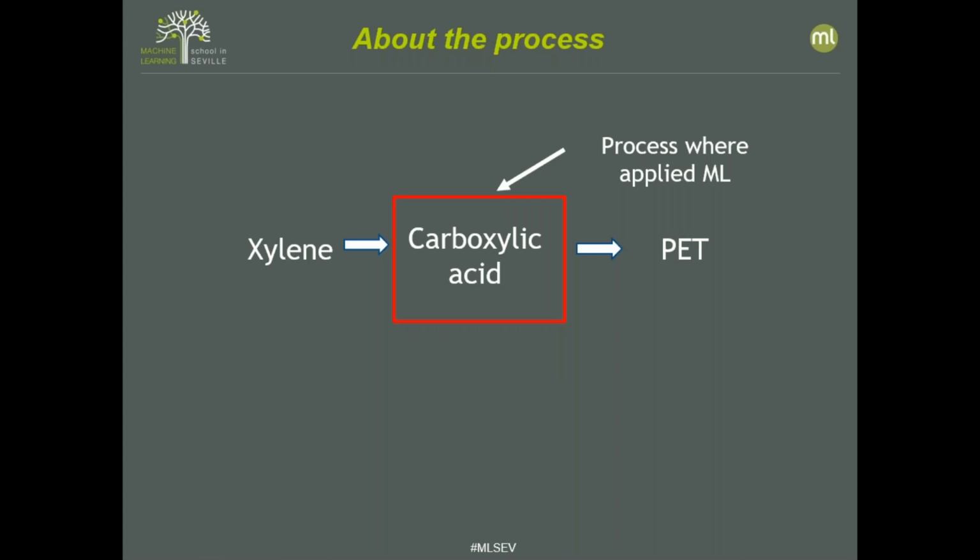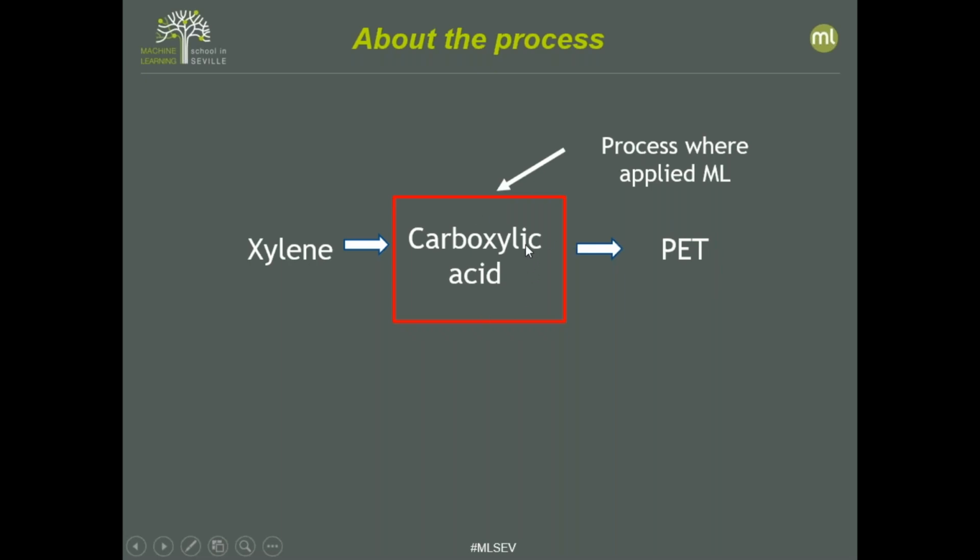Let's drive now the presentation to the process where BigML has been used. And it is specifically this part of the process that is integrated between the xylene that is coming from the refineries, and finally the production process specifically of PET.